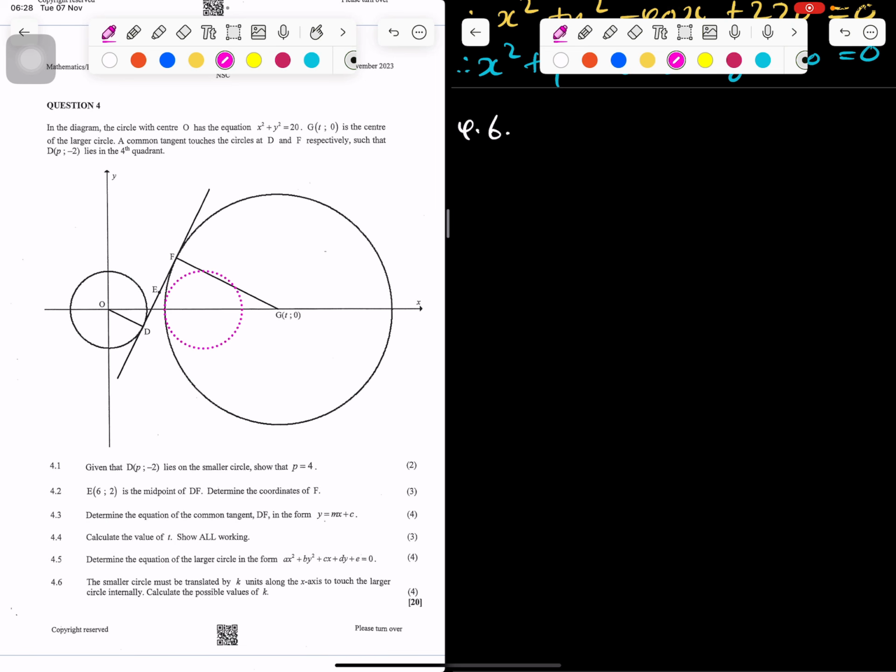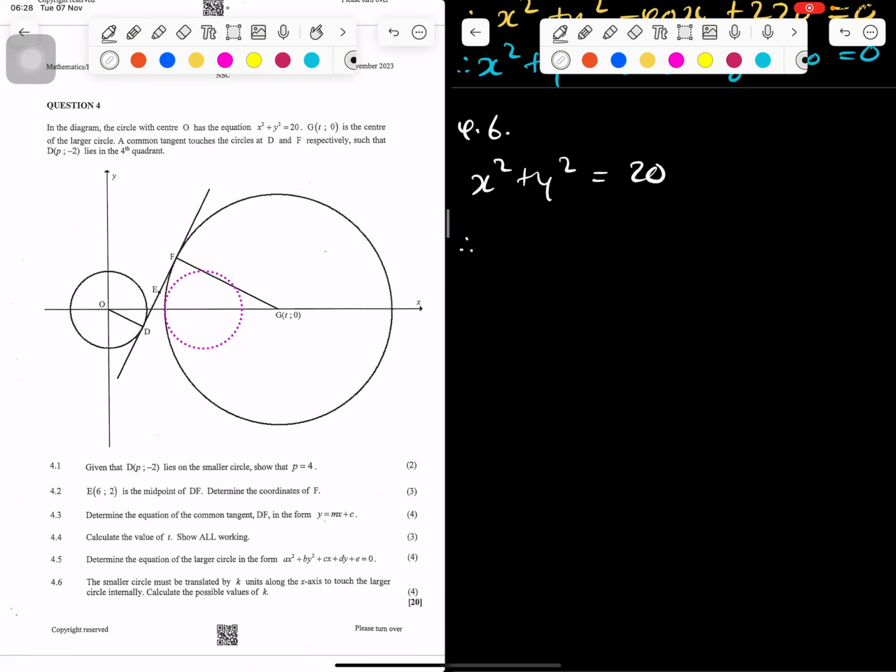But now I want you guys to see something. We have moved the circle along the x-axis by how many units? By k units to the right. So what it means is this circle here, which is x squared plus y squared is equals to 20, remember, this was the smaller circle, is moving along the x-axis to touch the circle internally.